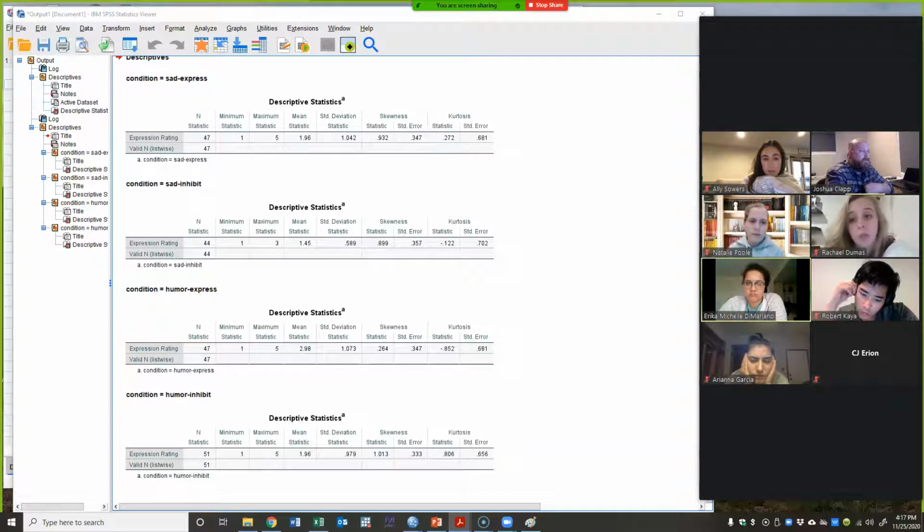No. So as an experimental person, are these nice cell sizes? Yeah. Pretty good, right? So within each one of these I've got a relatively balanced-ish design, right? It's not exact. I've got a difference of 7 people from my lowest to my highest, so I want to take that into consideration. But I've got decent sized cells, right?